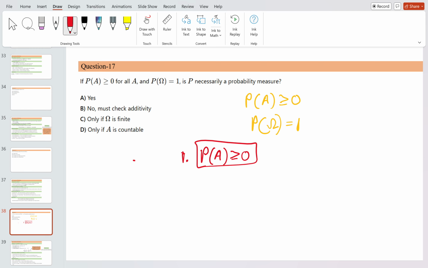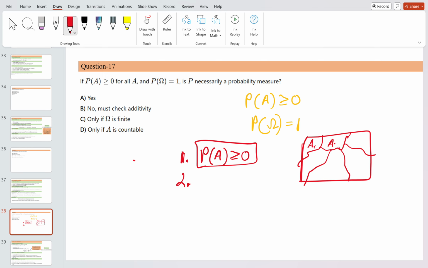That is the first property. The second property is that the probability of the whole sample space omega will be equal to 1. Suppose we take a few disjoint sets like this: A1, A2, A3, A4, A5, A6.